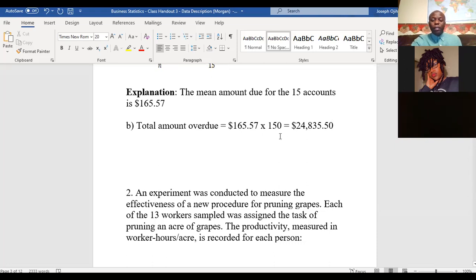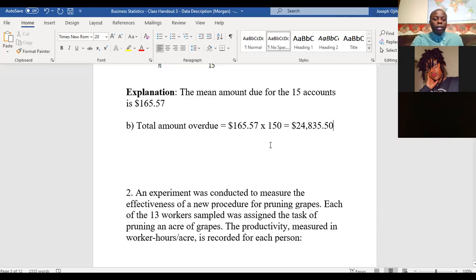Of course, all these things are already embedded in their computer, so it will just show them how many people are owing, the average amount owed, and the total amount uncollected. They don't need to start calculating the way we are doing it here, but it is what was fixed into their system.